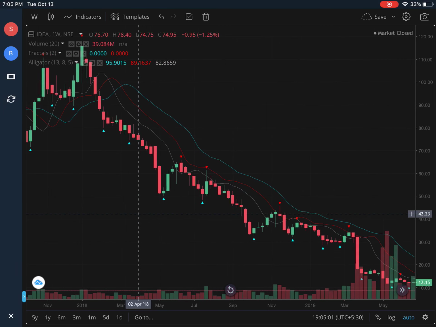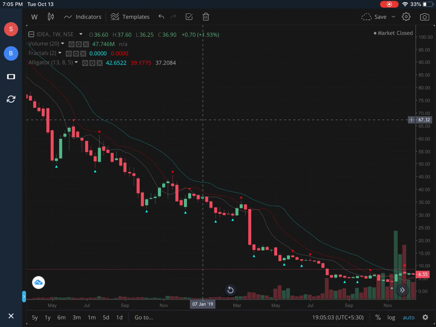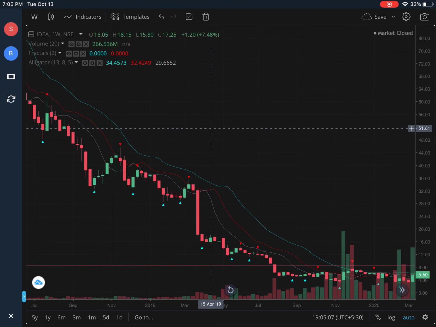Okay, but this is an example, like if it was in futures, you could have done it, right? Okay, so these are some examples of the application of the fractals. I hope you have understood the concept of fractals now.